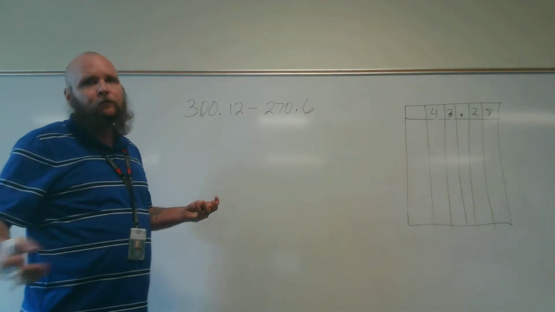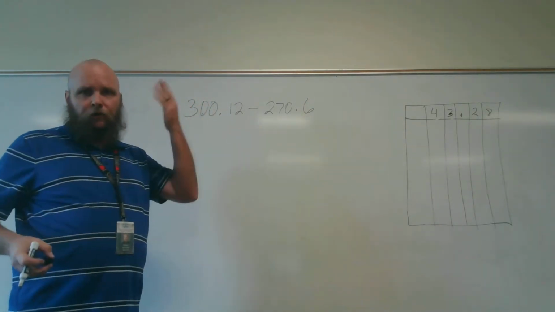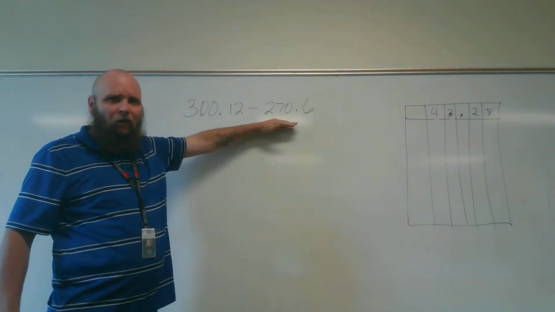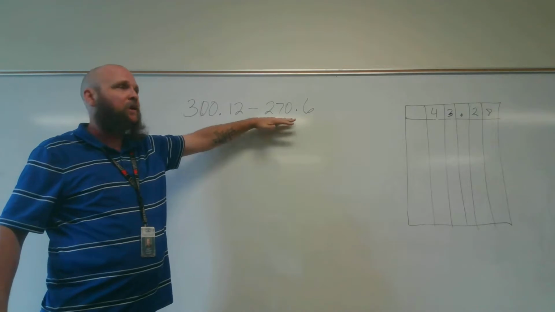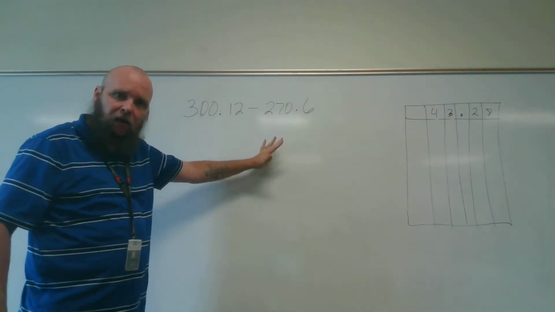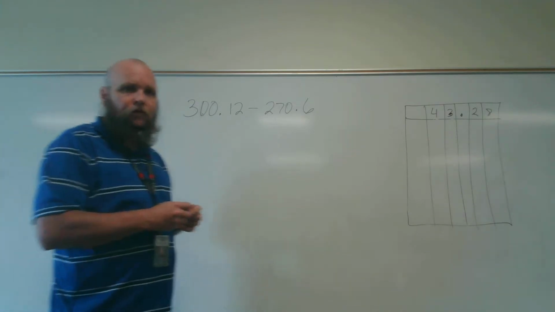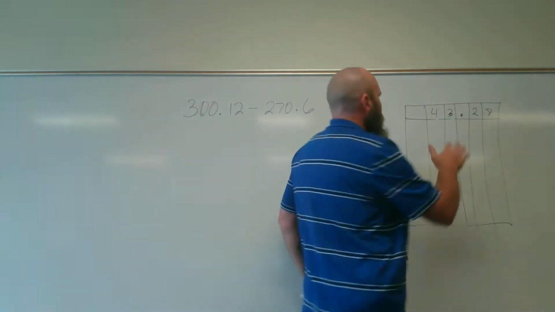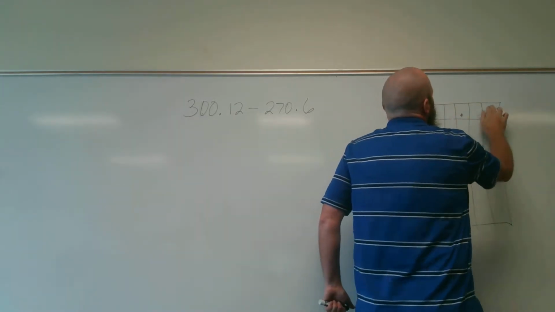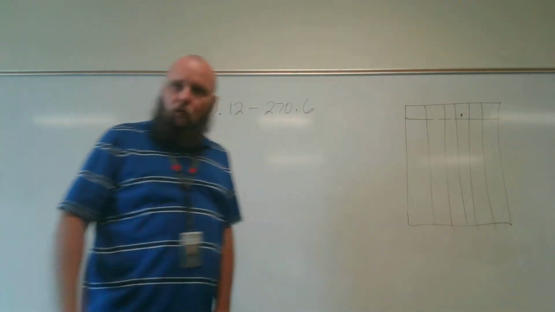Okay, now first, if we estimate in this problem, which you should do, a little thinking before every problem. We have about 300 subtracting about 270. So your answer should be somewhere in the neighborhood of 30. So if you do this problem and don't get somewhere in the neighborhood of 30, you are doing something incorrect, and we don't want to do that.